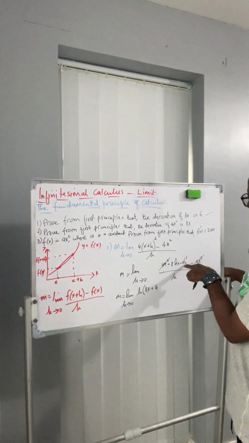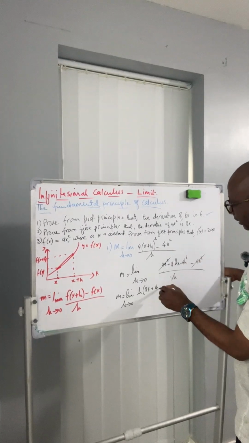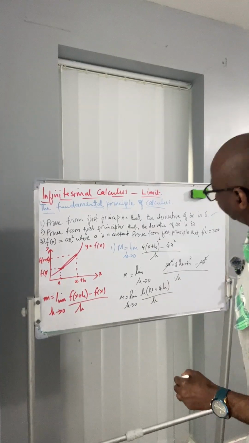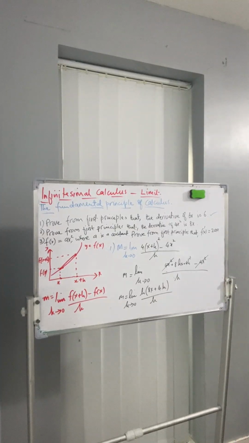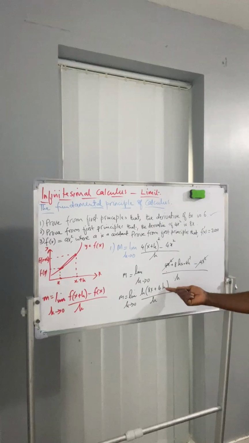If you factorize the h, 4h will remain. Yeah, still one h will remain, and you have your h at the bottom. If you expand, you will get 8hx plus 4h squared.